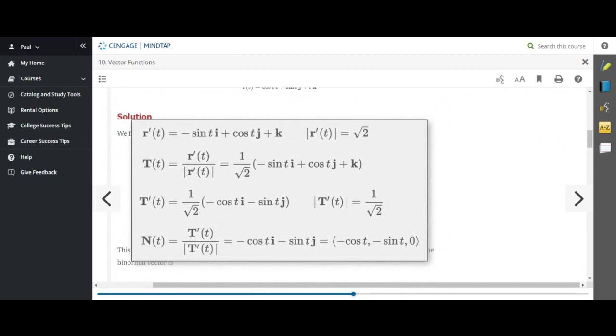And I'll write it down on the whiteboard real quick. The tangent vector is, this is from example 6.